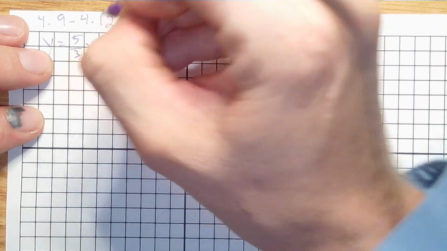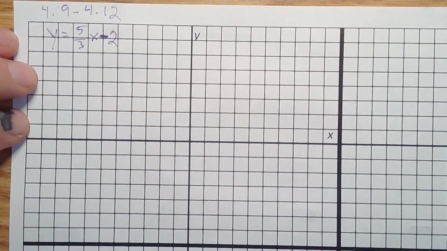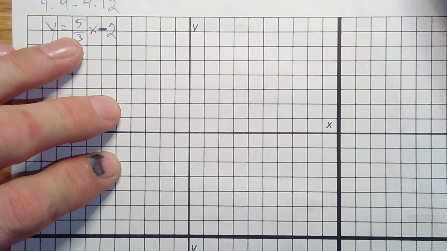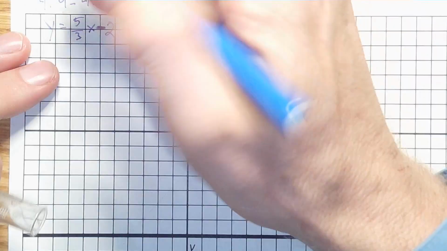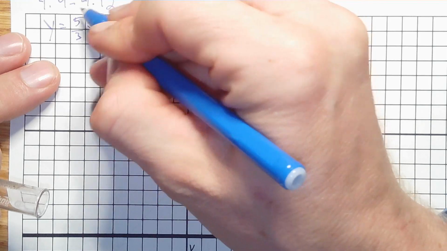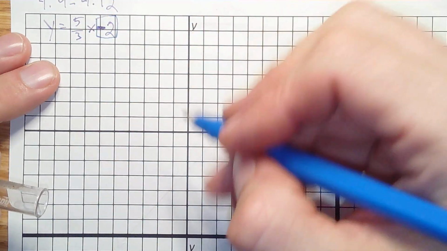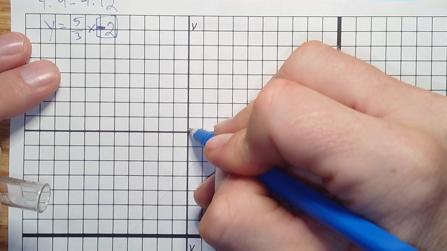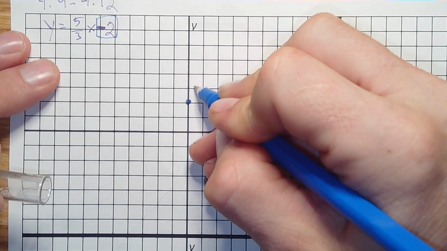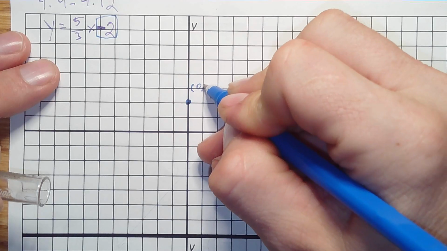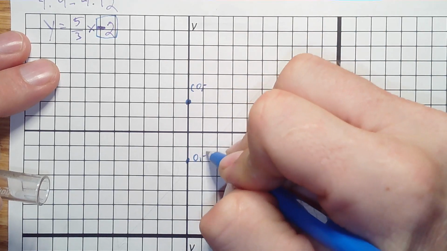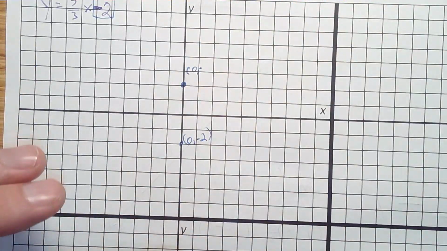To plot this, the first thing I know is my y-intercept. When x is 0, if I plug in 0 for x, this whole thing becomes y equals negative 2. So this is the point 0 comma negative 2.